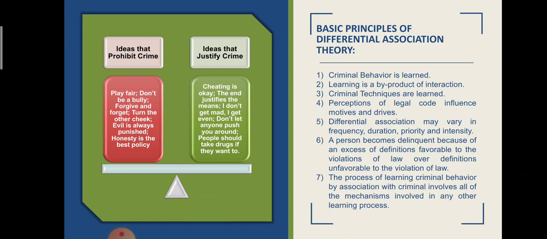Family, friends, and peers have the greatest influence on deviant behavior and attitude development. Relationships with these influential individuals color and control the way people interpret everyday events. So, number 2: learning is a byproduct of interaction.